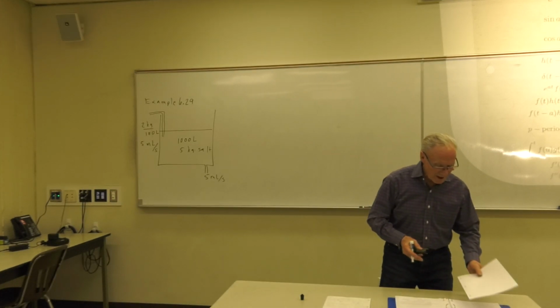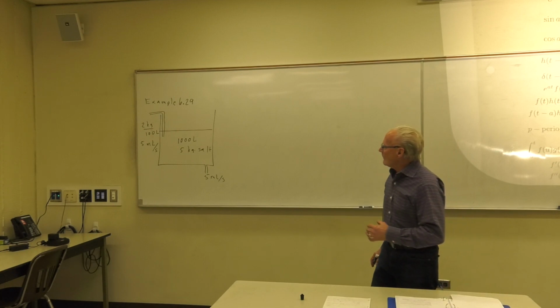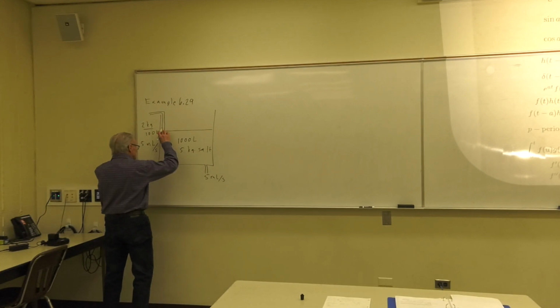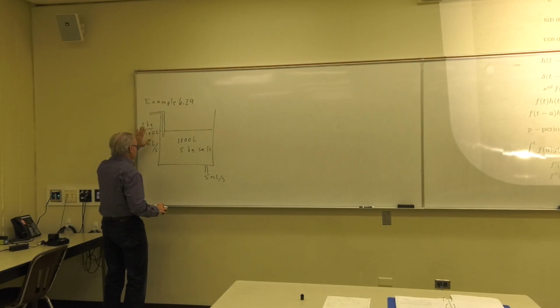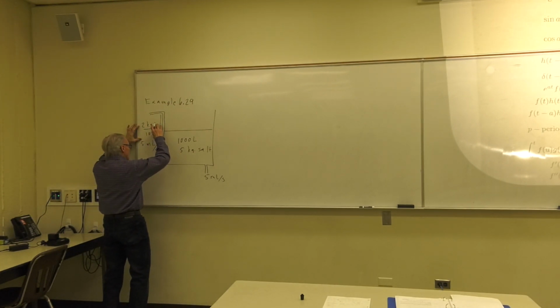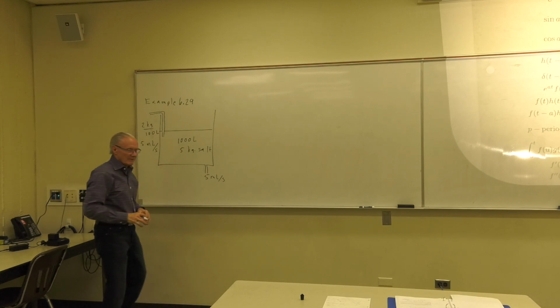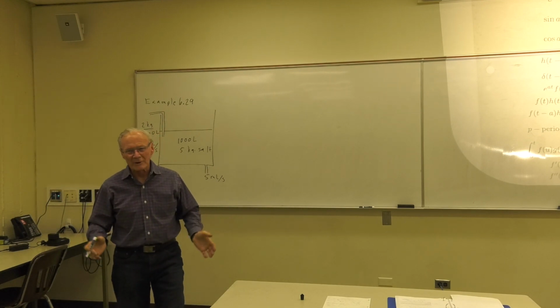And the question is then, how much salt is in the tank as a function of time t? But first, again, this is what's coming in after 10 minutes. What's coming in before 10 minutes is pure water. Just dumping pure water into there.